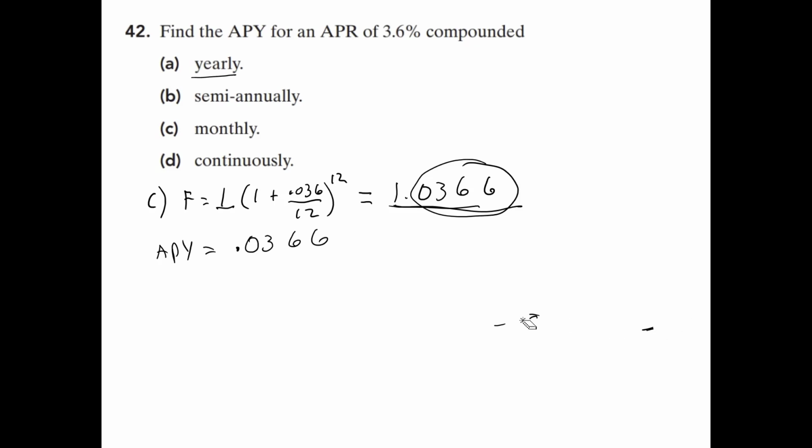And so for the last one, compounded continuously, your future value is equal to your principal, $1, times e to the r, and the r is 0.036, and your t is 1. You're seeing what happens to $1 after 1 year, right? So if you take e and raise it to the 0.036, you get 1.0367.